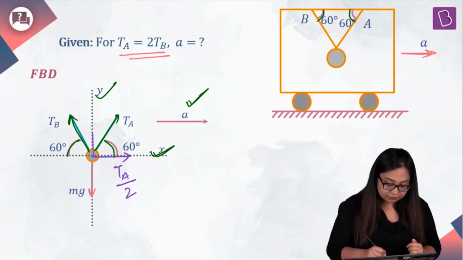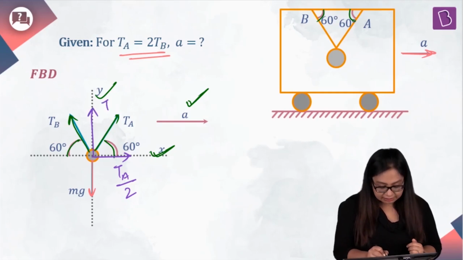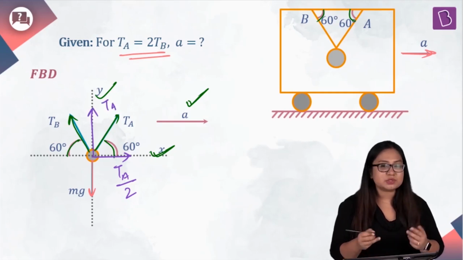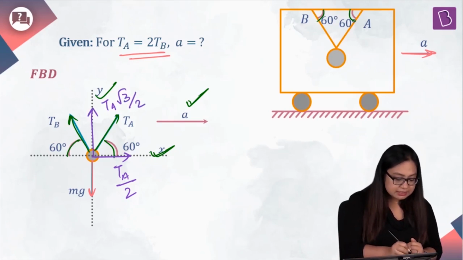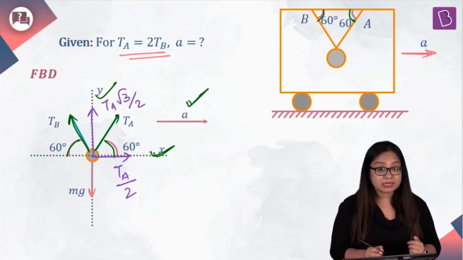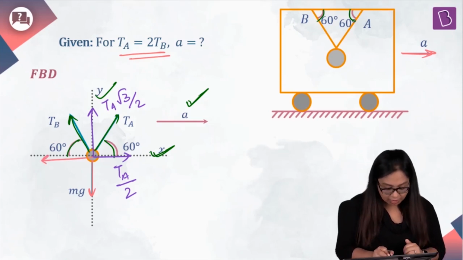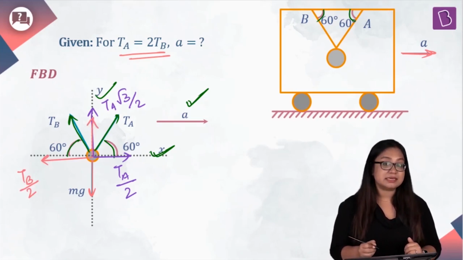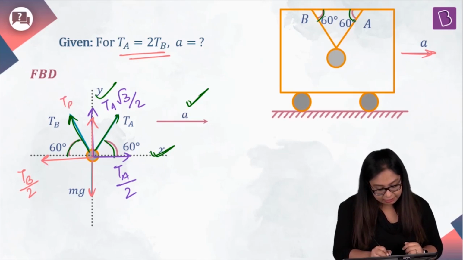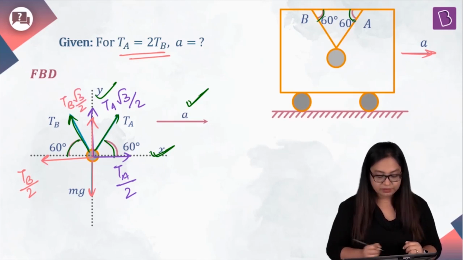What about Y direction component? It will be TA sin 60 degrees, which is root 3 by 2. So I'm just going to write directly TA root 3 by 2. Similarly, when I take TB's components, again, the angle is the same. So I will get TB cos 60 degrees, which is TB by 2 over here, and TB sin 60 degrees, which is TB root 3 by 2 over here.